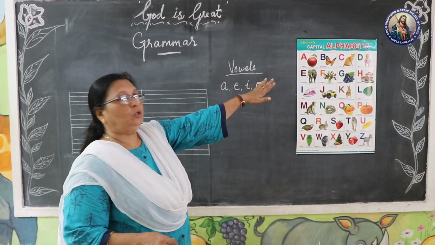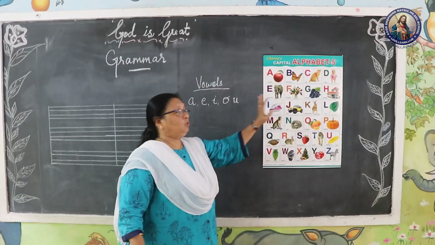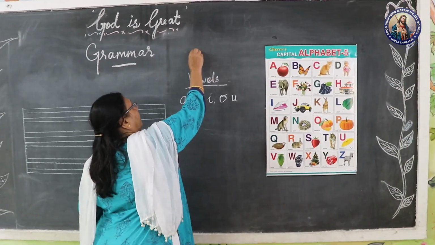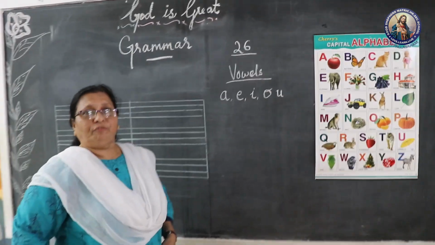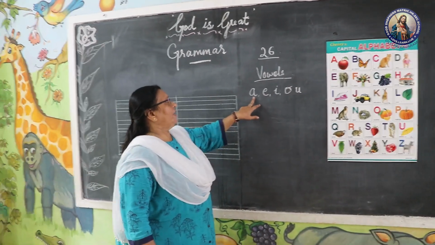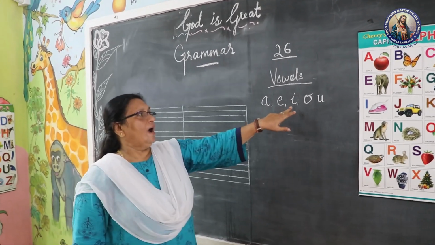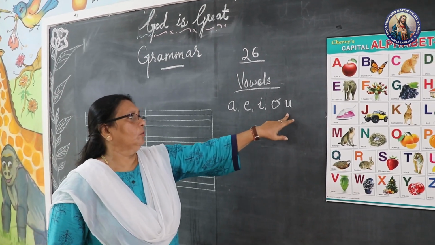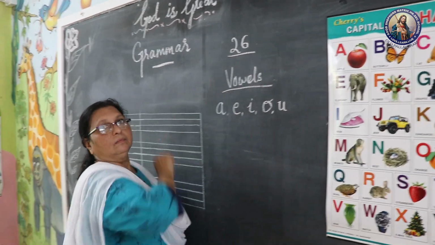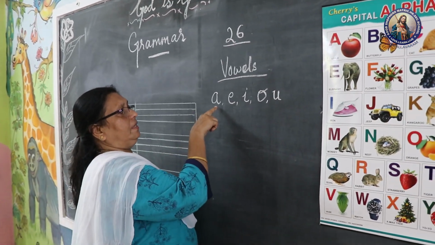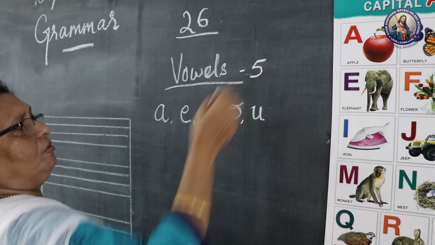We have 26 alphabets from A to Z. Out of that, we have 5 alphabets called A, E, I, O, U, and these alphabets are called vowels. How many are there? 1, 2, 3, 4, 5. So vowels are 5 alphabets.